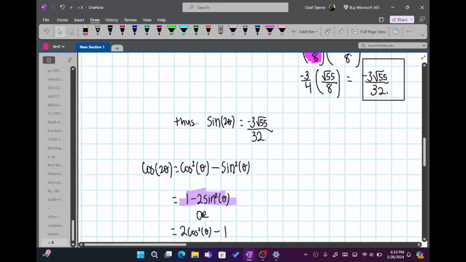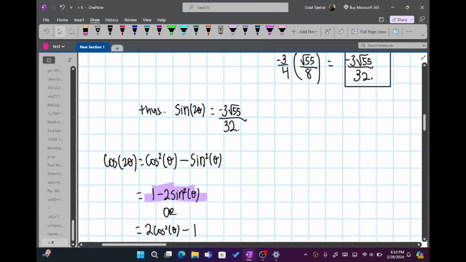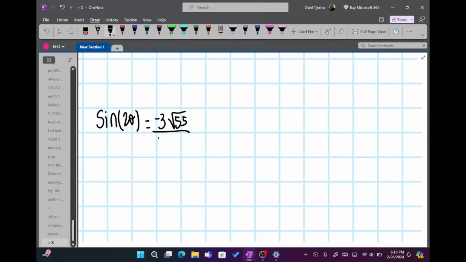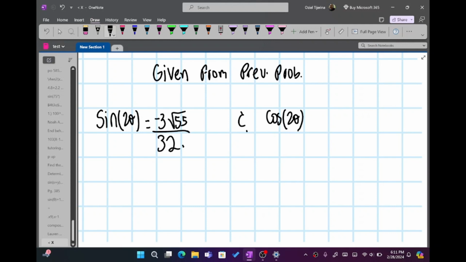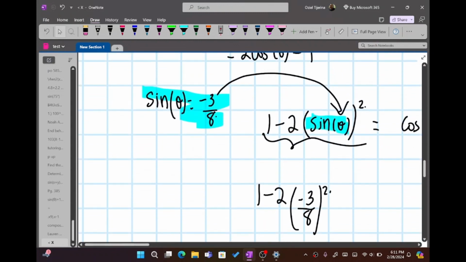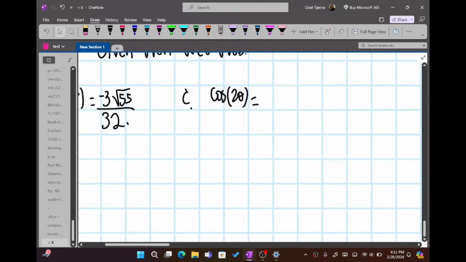Like I said, from the previous problem, sine of 2 theta equals negative 3 square root of 55 over 32, and cosine of 2 theta equals, and it was what again? It was 23 over 32.